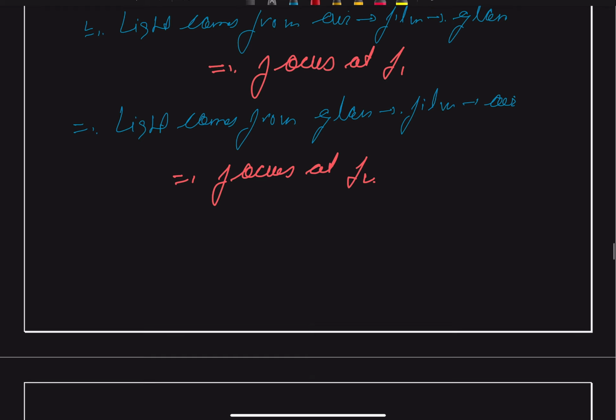And we know the standard formula is N2 upon F is equal to N2 minus N1 divided by R, and R is greater than 0 for the convex surface.